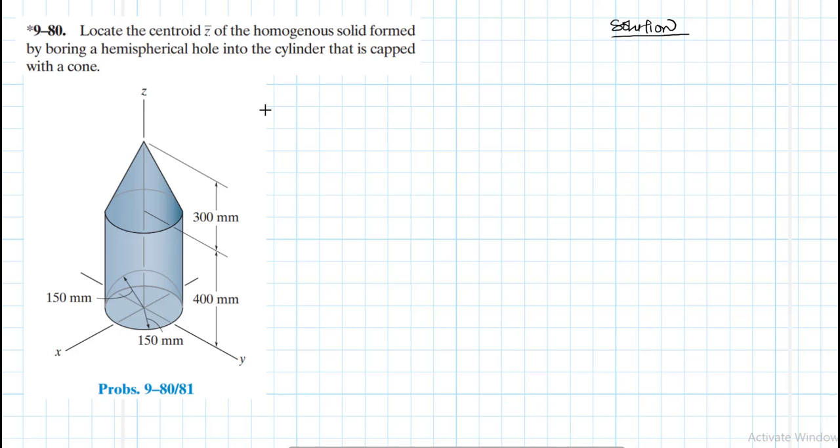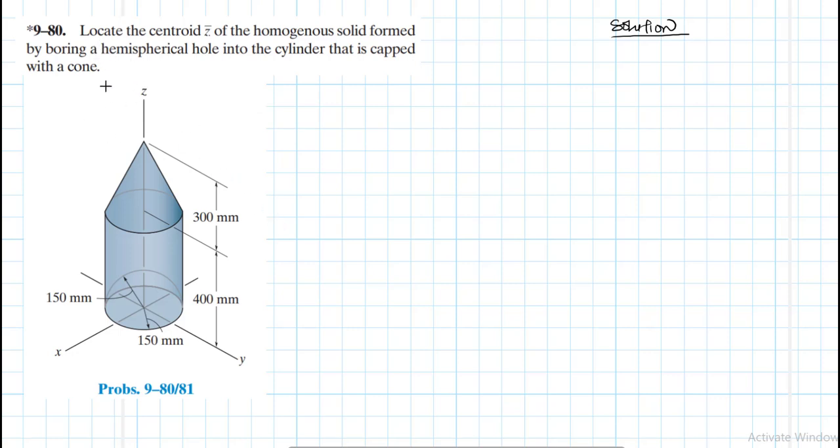So when the material is homogeneous, the centroid coincides with the center of mass. The centroid also coincides with the center of gravity if the medium through which the material is placed or behaving is uniform. If the gravitational field where the material is, is uniform, then the centroid coincides with the center of gravity.